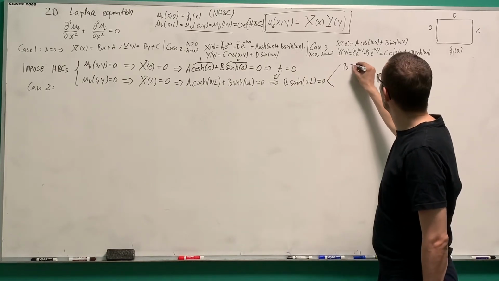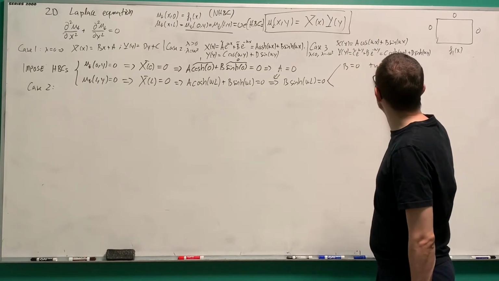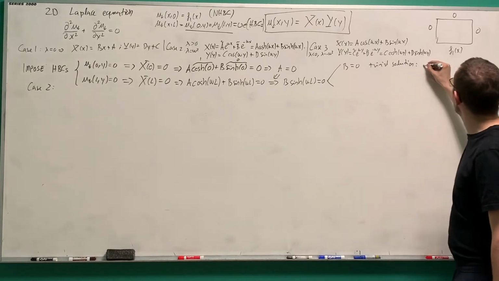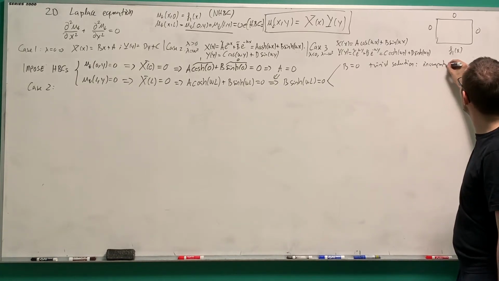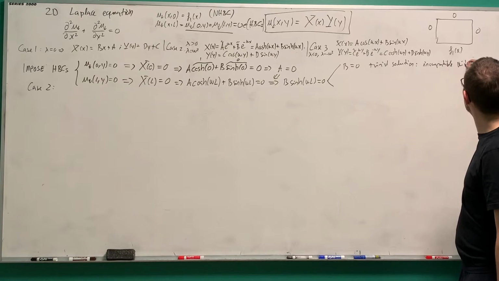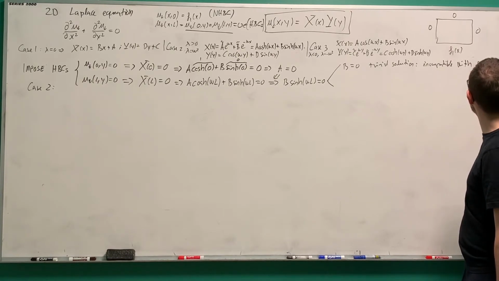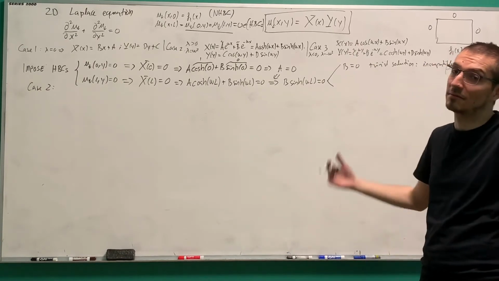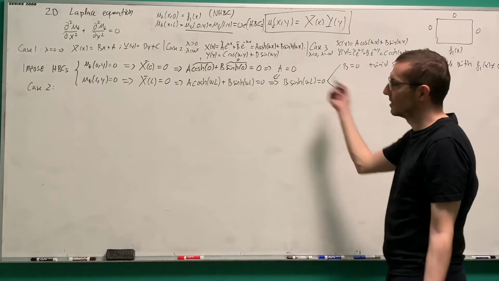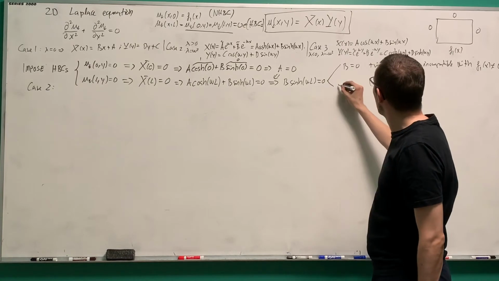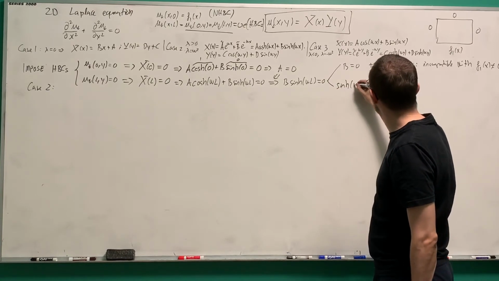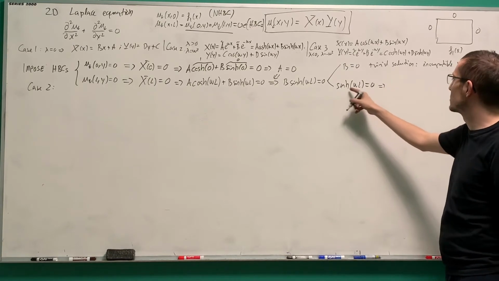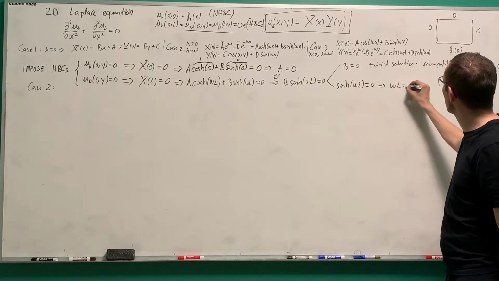Either b is equal to 0, which would give me the trivial solution, the same that is incompatible with a boundary condition f1 of x different from 0. If it were 0, then that would be the solution. But if it's not, it's incompatible with it, because it's 0 always. So that is discarded. And the other option is that the sinh of omega L equals 0. But that means that, because the sinh only has one 0, that omega L is equal to 0.